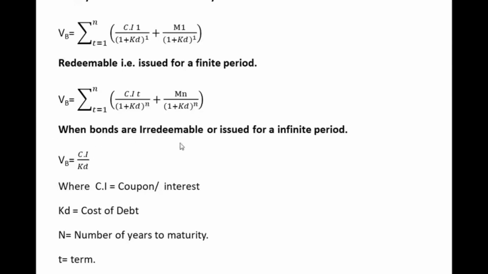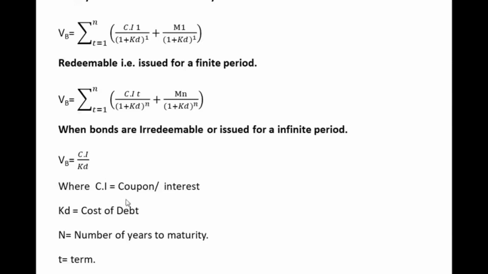Now moving to irredeemable, or bonds which are issued for an infinite period. As I told you, in this case only the interest amount is paid and the principal amount is not returned back to the investors. That's the reason why the formula consists only of the coupon and not of the redemption value.